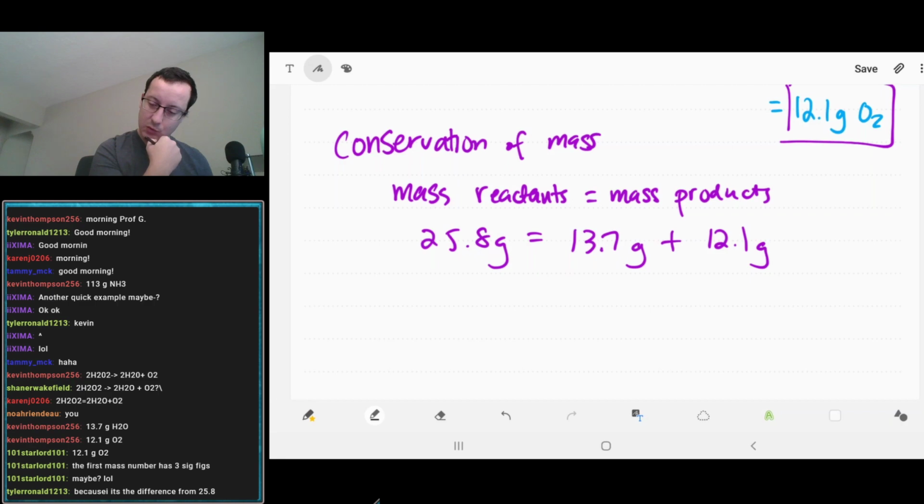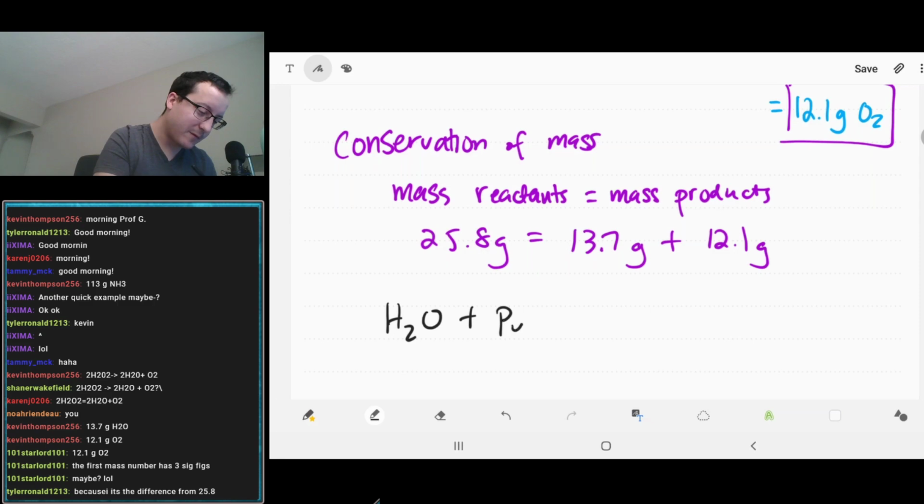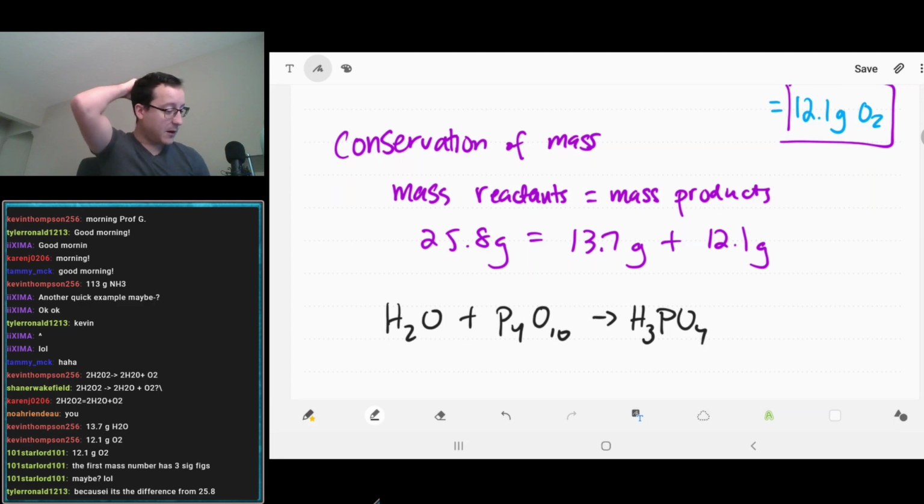I think we balanced this one yesterday, right? We did, or whatever day it was. We did water plus tetraphosphorus decaoxide. It was phosphoric acid. And we had already balanced this, if you remember.